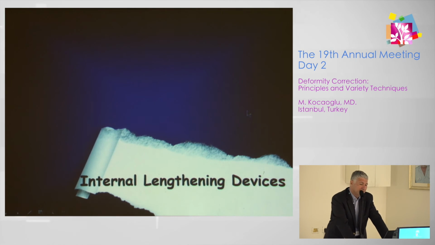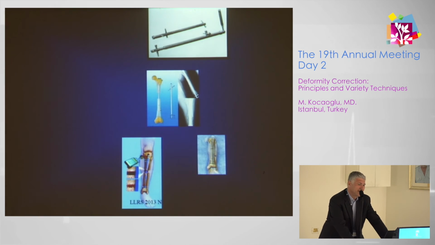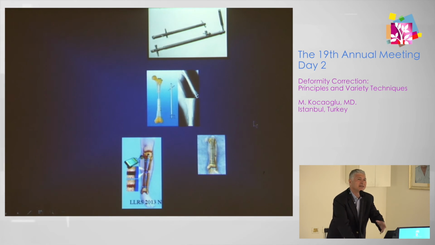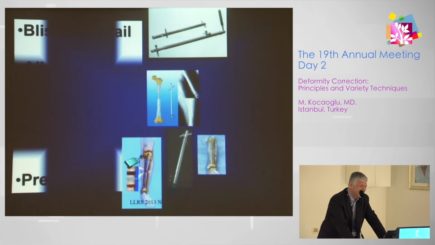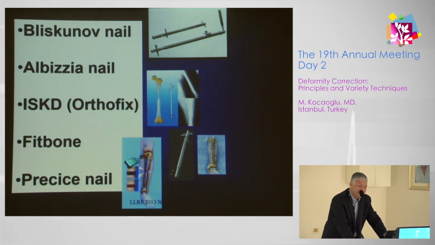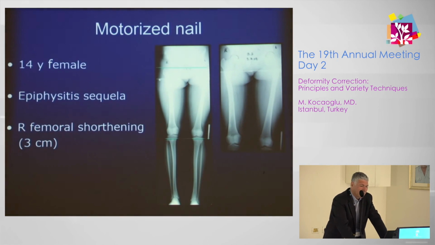Then the internal lengthening devices came onto the arena. You know, starting with the Bliskunov nail, and there are a lot of nails on the market now, Fitbone and the Zimmer nail, and so on, Precice nail. There are some examples where I used motorized nails for the correction of deformities.